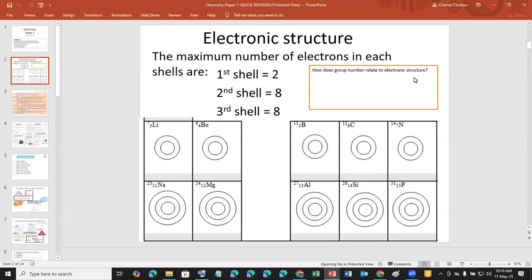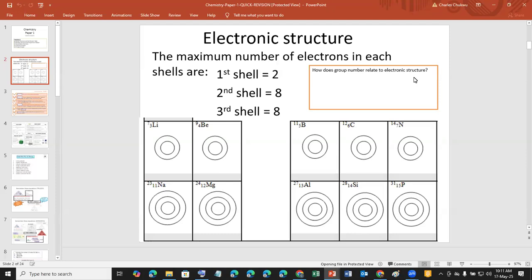Why? Because the attraction between the protons in the nucleus at the center of the atom and the electrons at the outermost shell is weak.